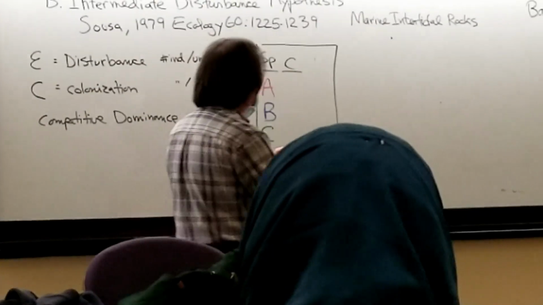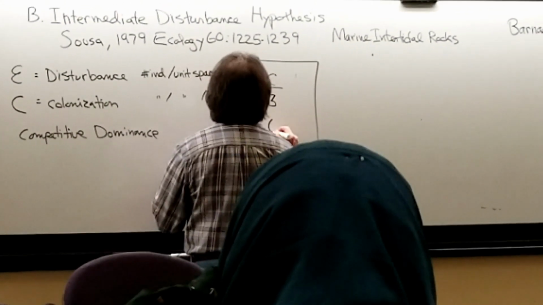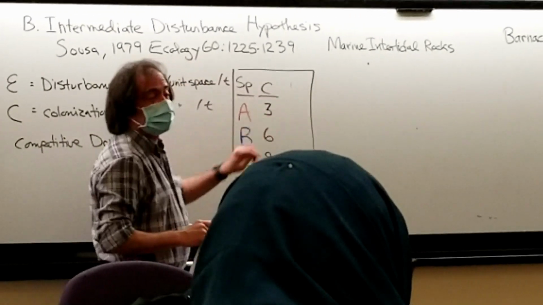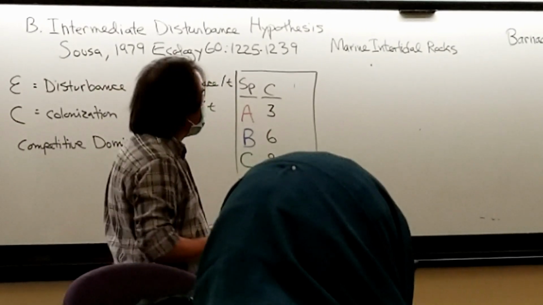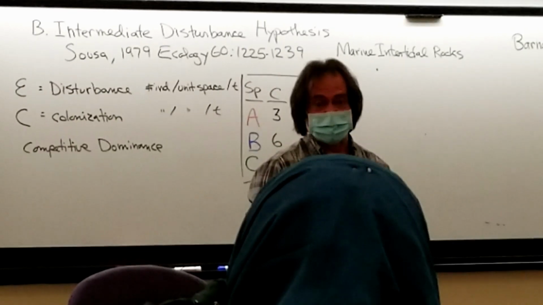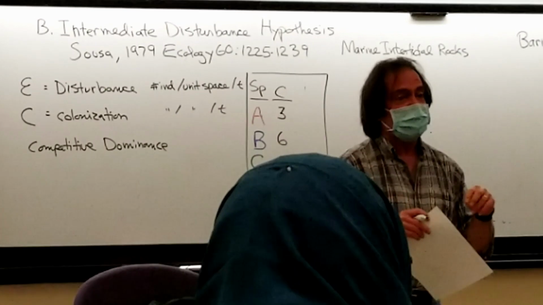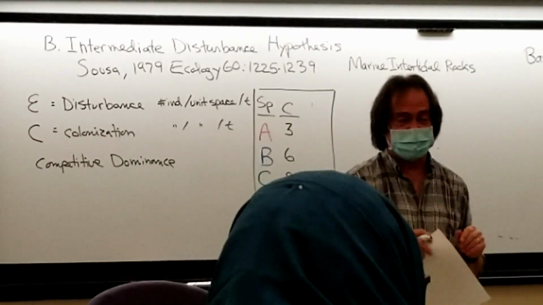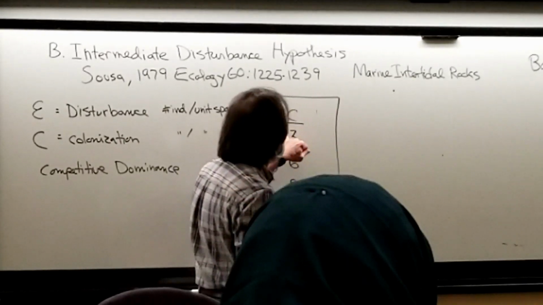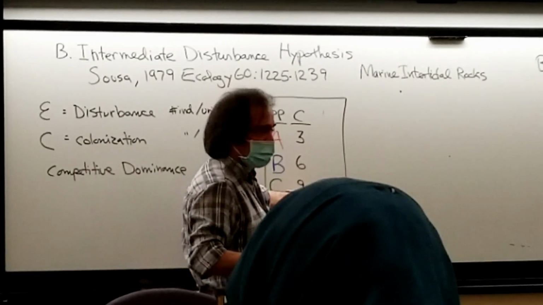We'll say it is 3, 6, and 9. In other words, barnacle species A, on average, can have 3 individuals attached per square meter of rock surface in the intertidal zone where the waves are hitting it per day. And so it's got a low colonization rate. C has a higher colonization rate.